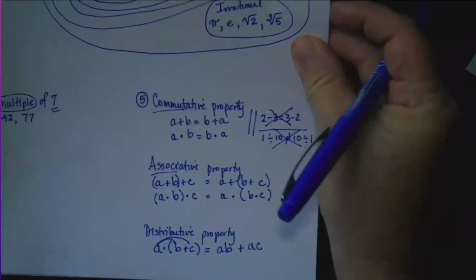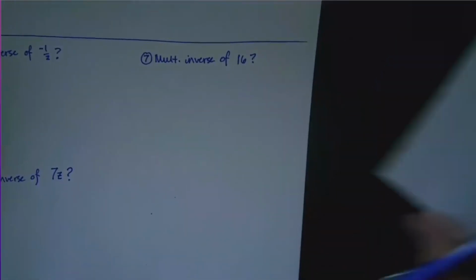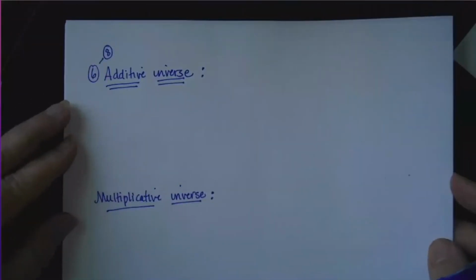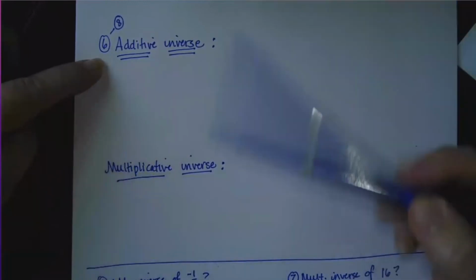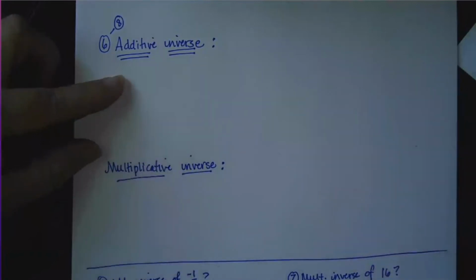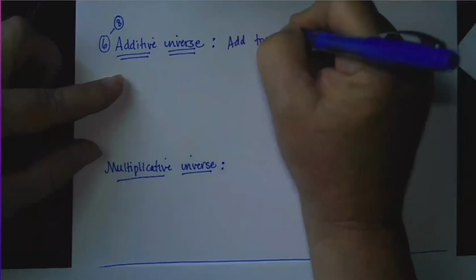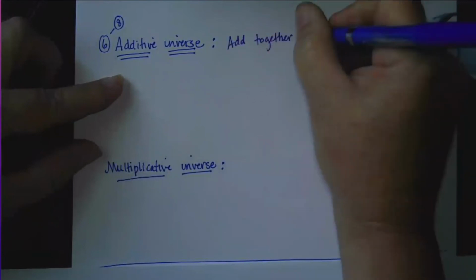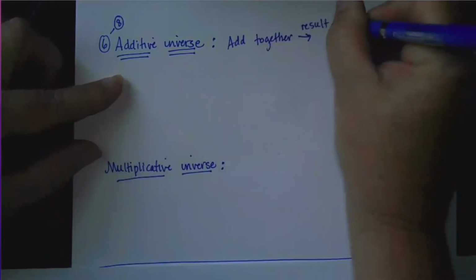All right, let's look at number 6. Number 6, 7, and 8 were ones that quite a few people got incorrect. So I need to make sure that you understand what it means to be an additive inverse and a multiplicative inverse. An additive inverse, by definition, means that when you add the two numbers together, the result will be 0.